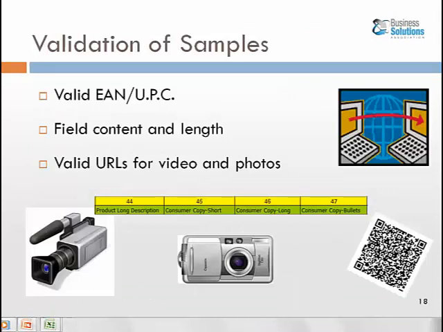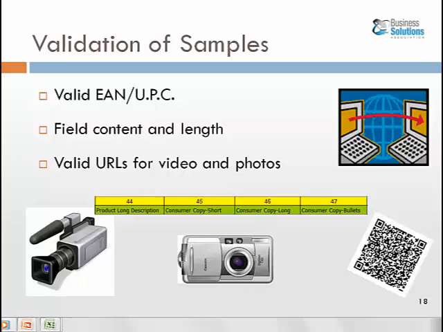OKBSA will import the starter file, sample standard content file, sent by participating companies. It will use some software to evaluate the most fundamental parameters, like validating the 13-digit EAN or the 12-digit UPC, and field lengths for other content.